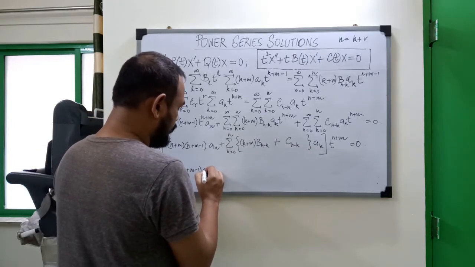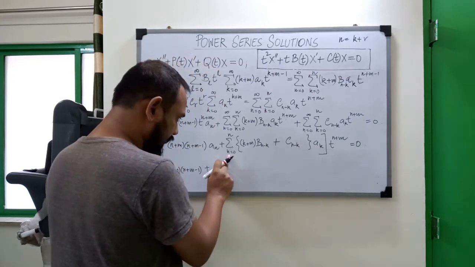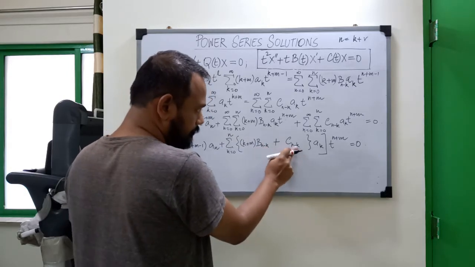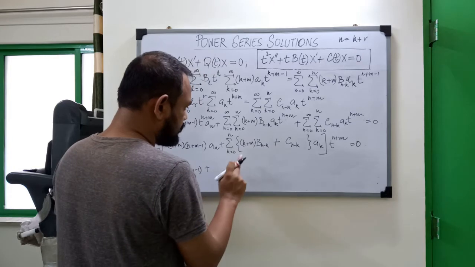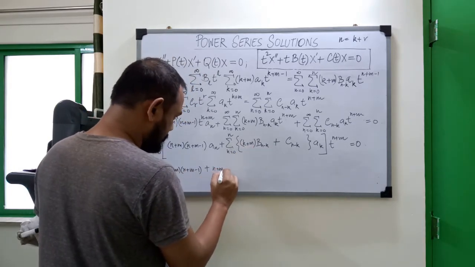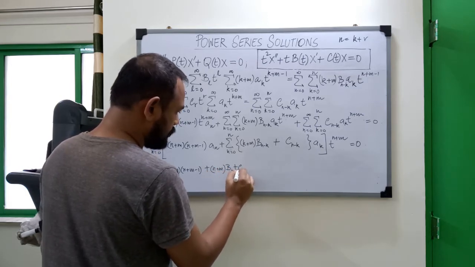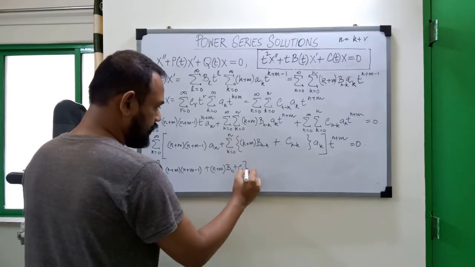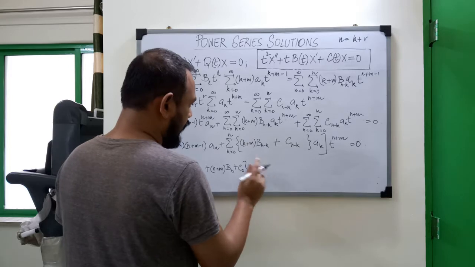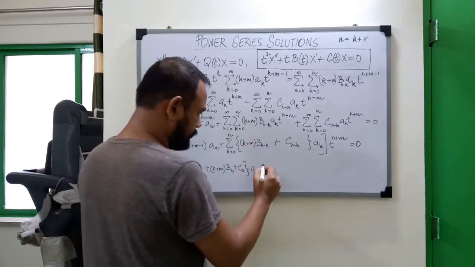What I have here is, if I take the nth term, where k is n, this is 0, n minus n is 0, and this will be n plus m. So I have (n+m) b_0 plus c_0, and all of them will have a_n as a term. And since I've taken out only the nth term where k is n, the rest of the sum remains.